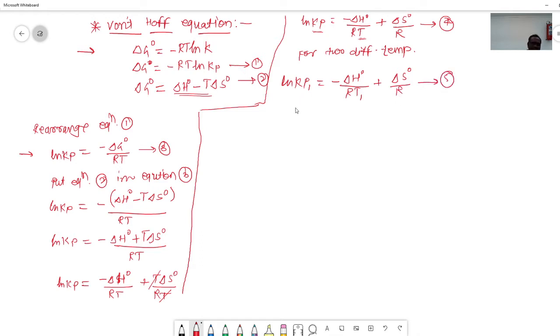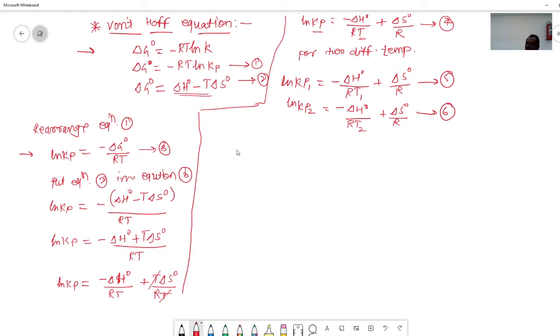Now for temperature T2, ln Kp2 is equal to minus delta H0 divided by RT2 plus delta S0 divided by R. Suppose this is equation number 6.